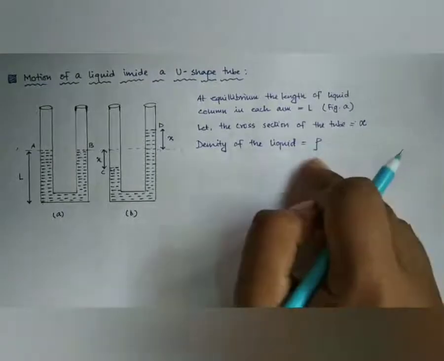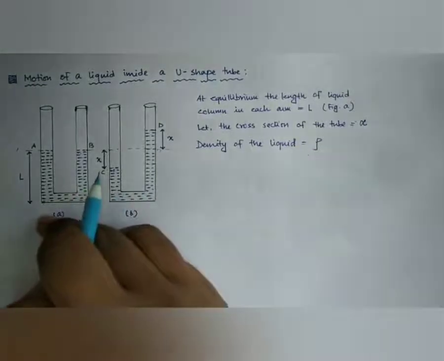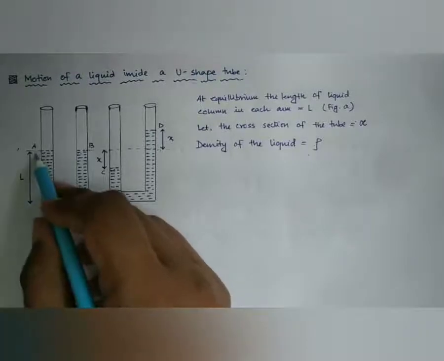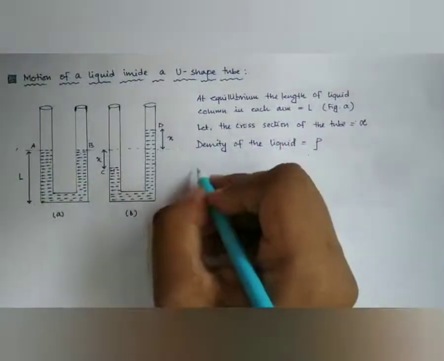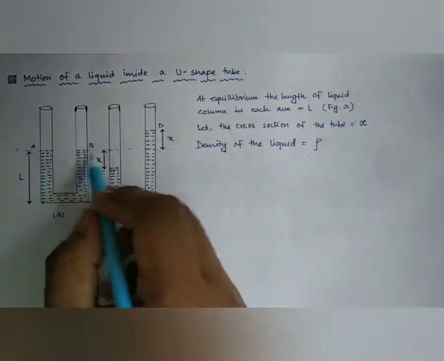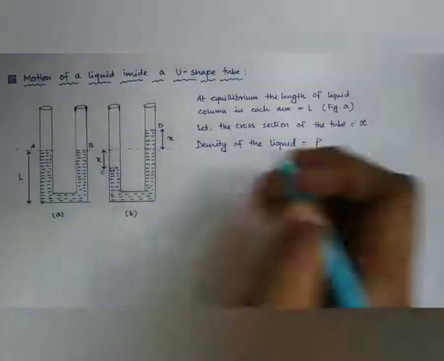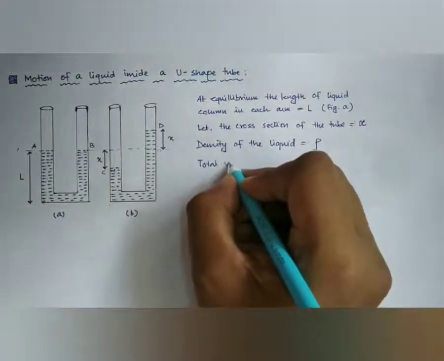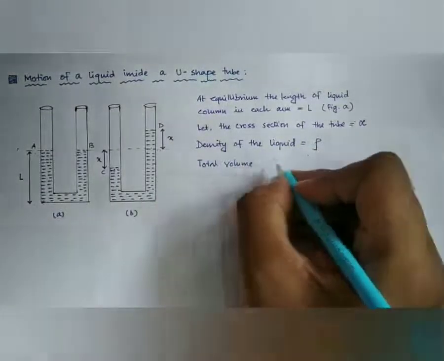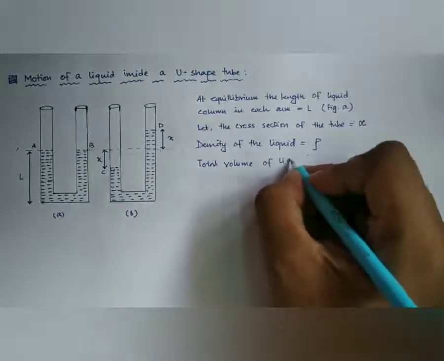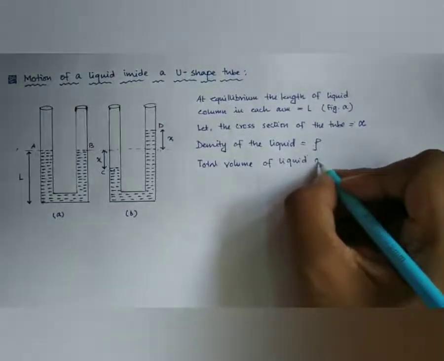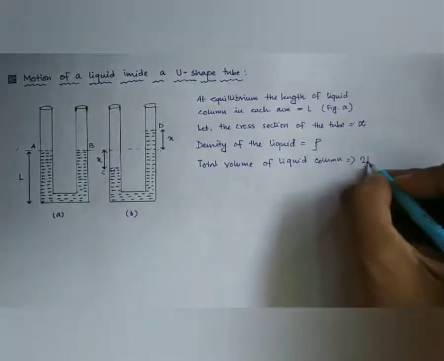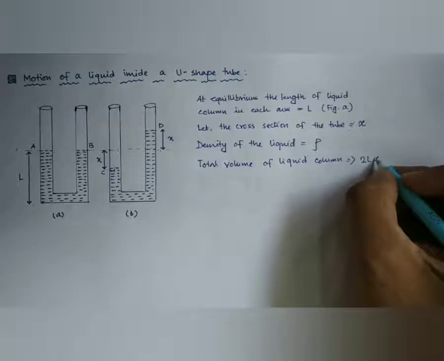As we know, the density of the liquid is given rho, and at equilibrium the length of the liquid column from the bottom of the U-shaped tube was L. So the total length will be 2L, as the two arms are there. So the total volume of liquid column is 2L into alpha, the cross section.